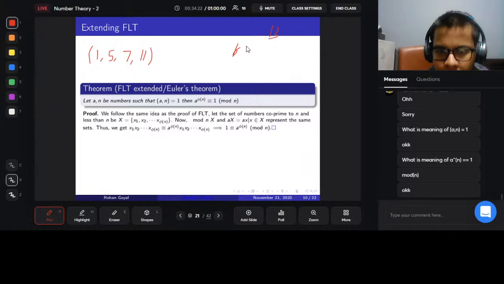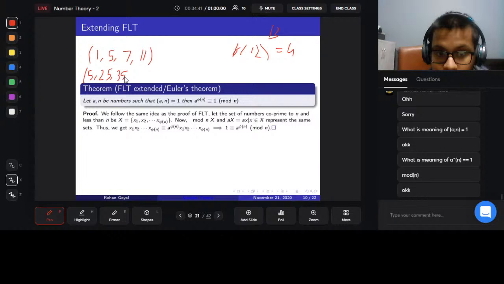Now if I pick a number which is co-prime to it, let's say I pick 5, we'll get 5, 25, 35, and 55. But now consider all these numbers mod 12.